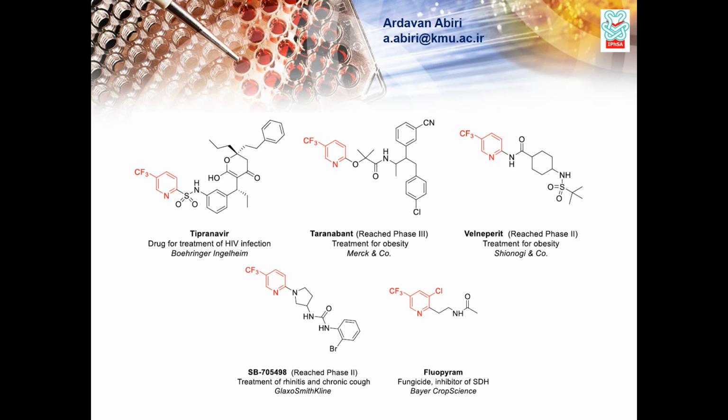And so in the first structure, tipranavir is a protease inhibitor of HIV, and taranabant is a ligand molecule for the cannabinoid system of the brain, which is responsible for obesity, for actually the satiety process, and our willingness to eat, and valneprid, another ligand for the cannabinoid system in the brain.